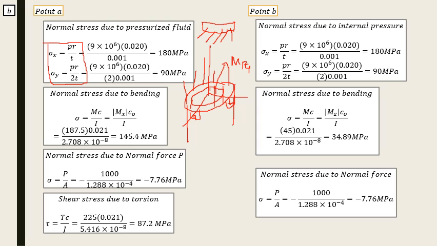We input the numbers that we already know, where P is the pressurized fluid in MPa, R is the inner radius of the tank, and t is the thickness.